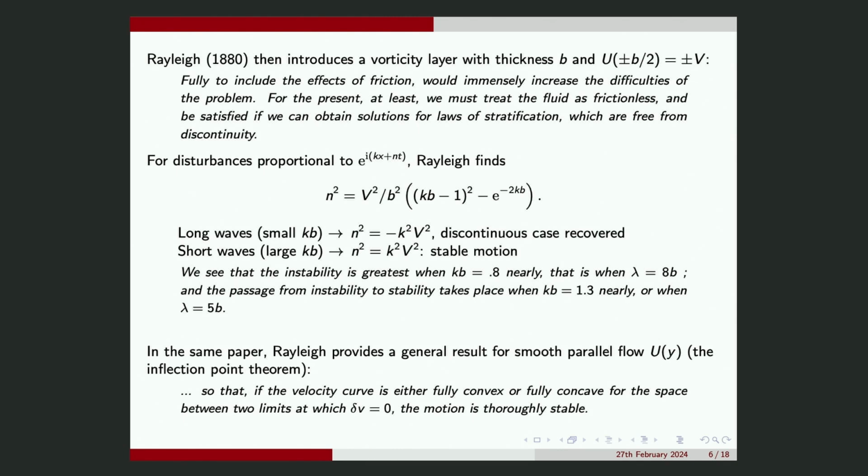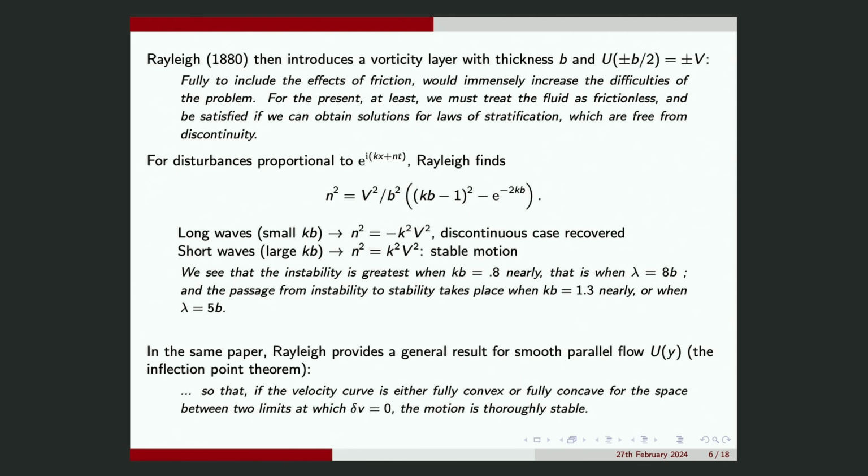Those are capillary waves. We see that the instability is greatest when kb is nearly 0.8, that is, when the wavelength equals 8 times the thickness b. The passage from instability to stability takes place when kb is nearly 1.3, or when the wavelength equals 5 times the thickness b.